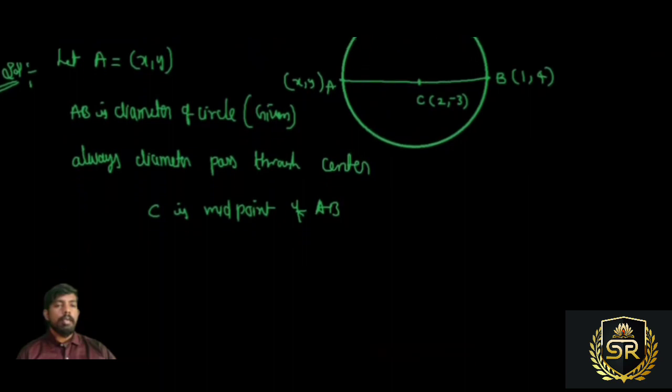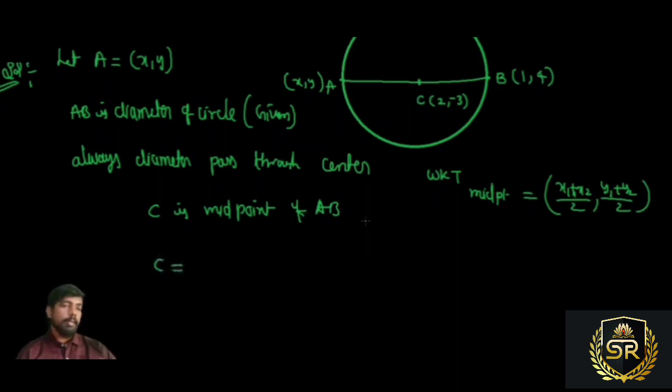So we know the midpoint formula: x1 plus x2 by 2, y1 plus y2 by 2. C is the midpoint of AB, so C is equal to (x1 plus x2 by 2, y1 plus y2 by 2).